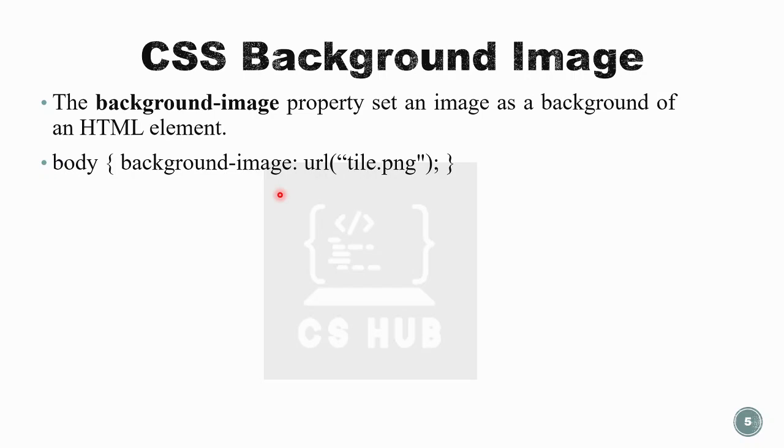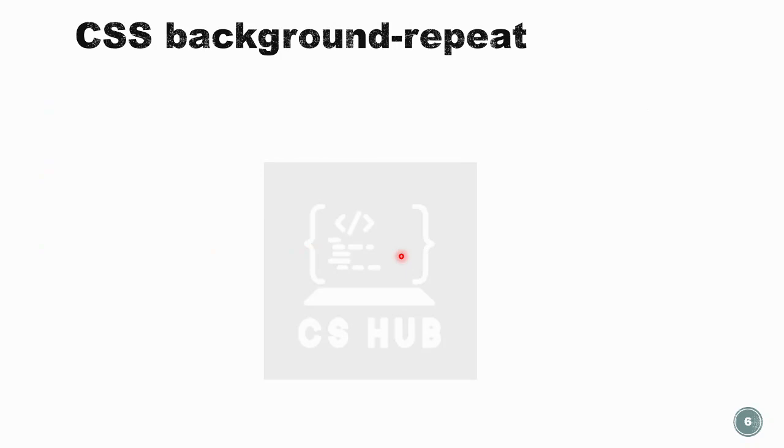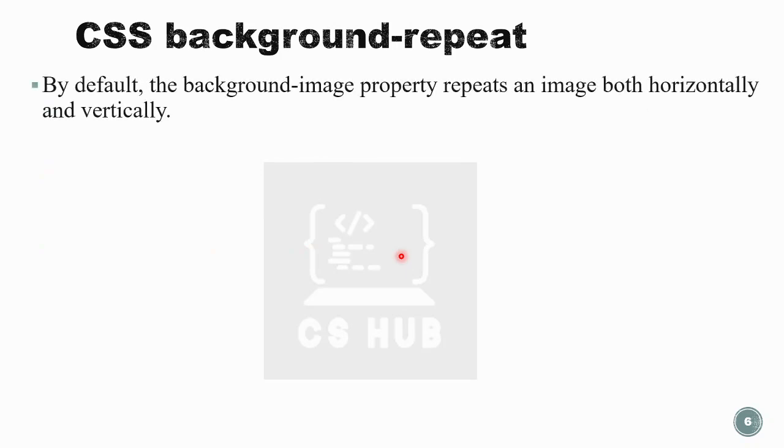So instead of using that source attribute, just apply background image colon URL, then tile.png. This is the file name. Semicolon. So similarly, we can set the background image to a single paragraph. P background image URL paper.gif. Okay, anything is possible.